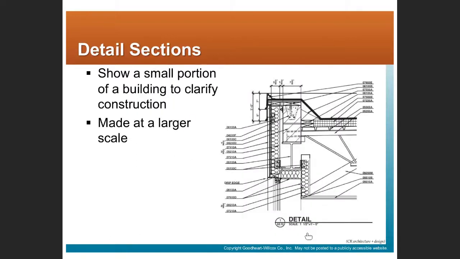So we've blown it up by a factor of 2 to make it easier to see. And again, in this case, instead of having this text in the drawing, we've keyed this to these numbers, which goes to a legend someplace.